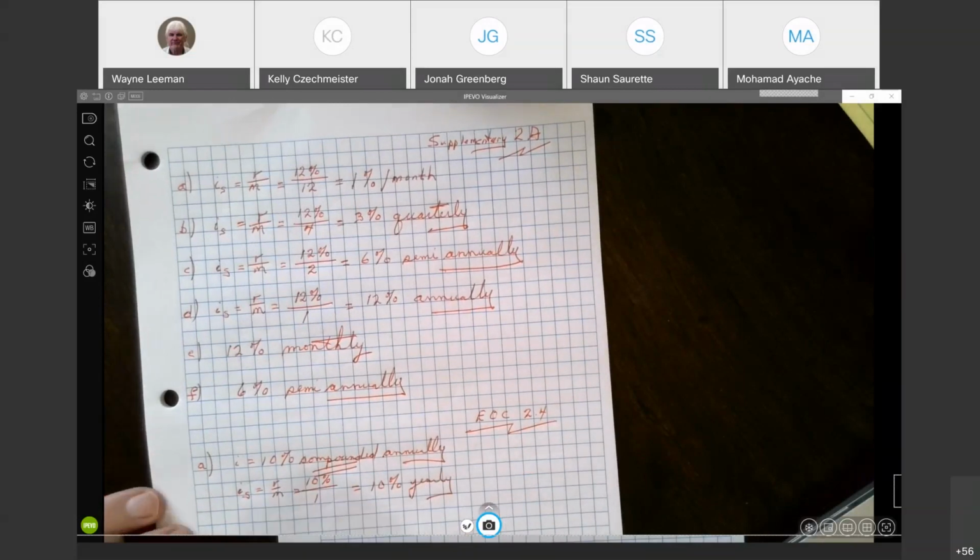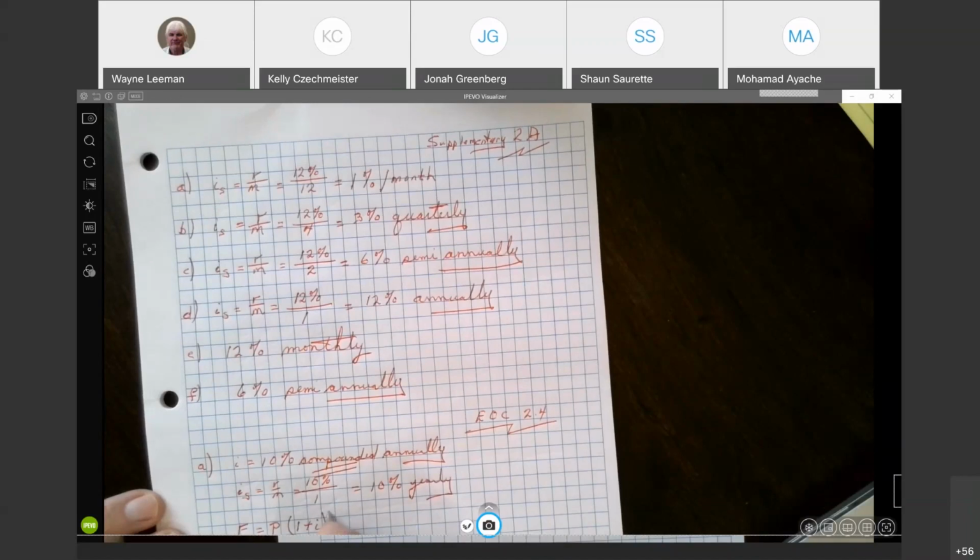So our formula here, back to where we actually began today, is going to be the future value is equal to the present value multiplied by 1 plus i, it'll be IS in our case, to the number of compounding periods.